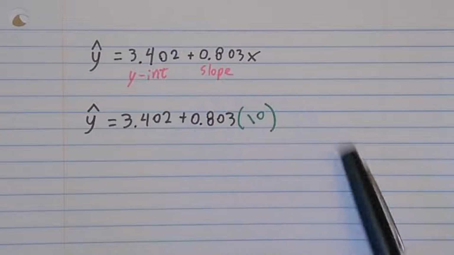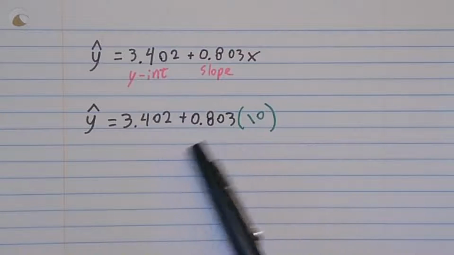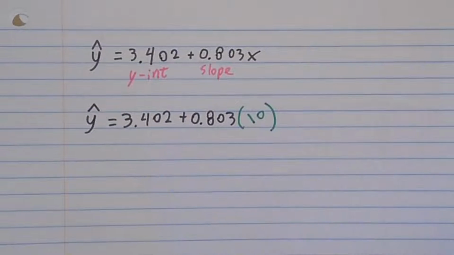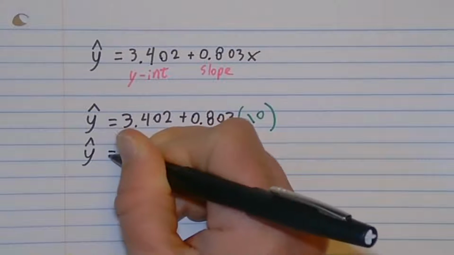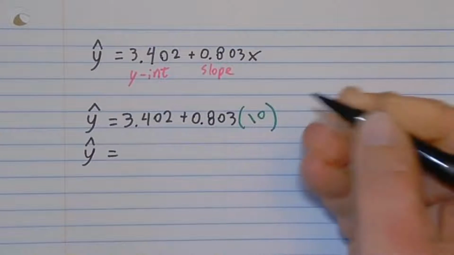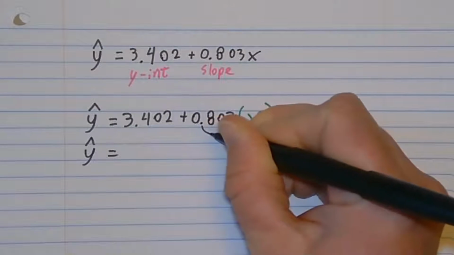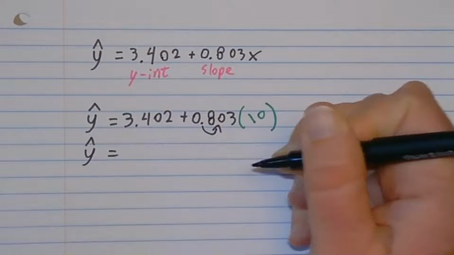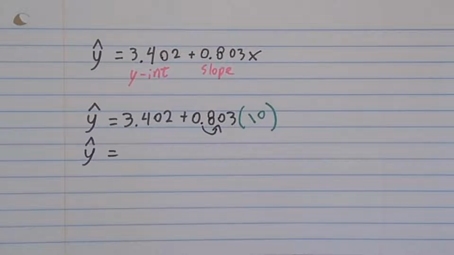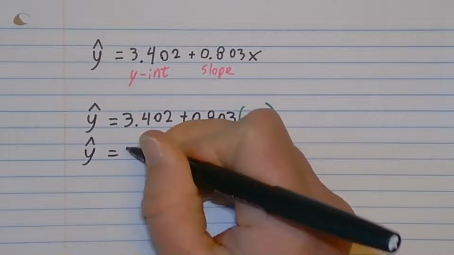So I need to multiply this by 10 and then add the result of that to this number. Because I'm multiplying by 10, I can use a little mental math trick and just move this decimal point over 1, because we use a base 10 system, and so place value says that I can just move the decimal point because I'm multiplying by 10.